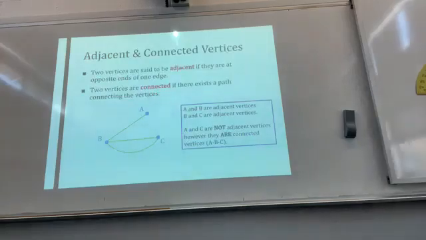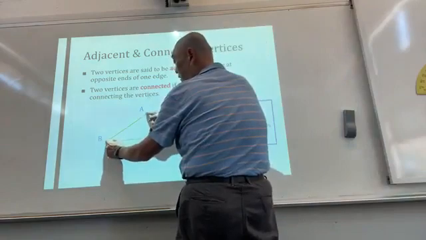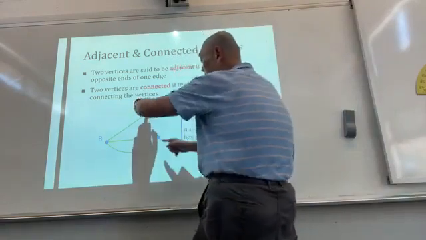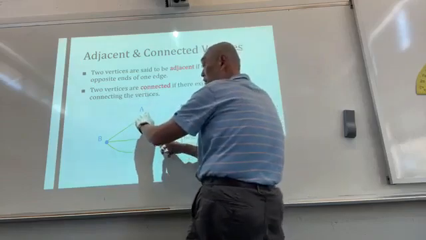Adjacent and connected vertices. This is again a revision from yesterday. Two vertices are said to be adjacent if they are opposite ends of one edge. So that's an edge, the edge AB. They are adjacent. Between A and C, there is no edge at all, so they are not adjacent.